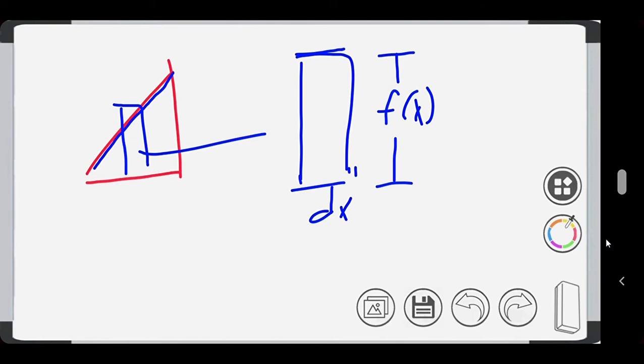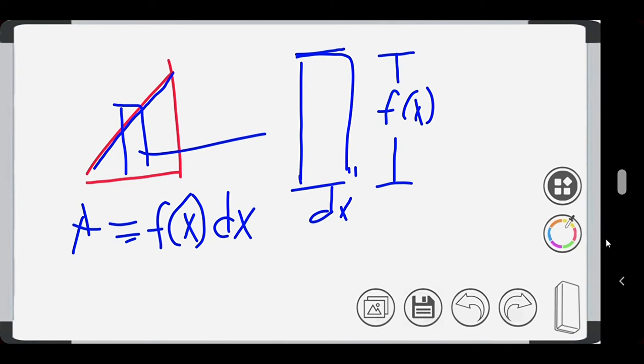That means if we make the rectangle very small with a base of dx and with the height of f of x, then the area of that infinitesimal rectangle is equal to the height f of x times the base dx.